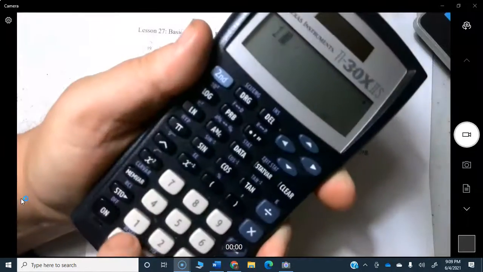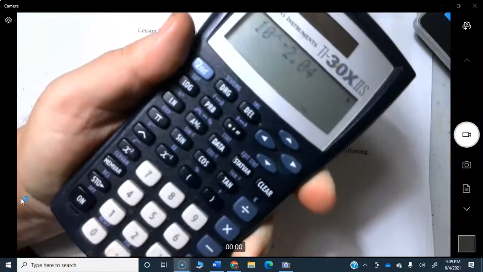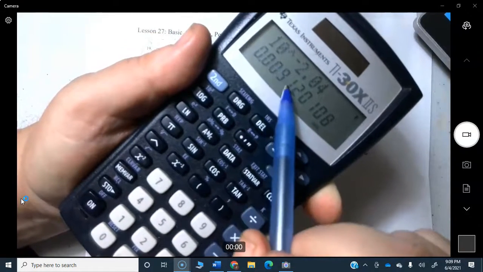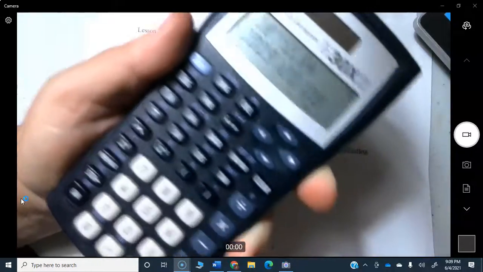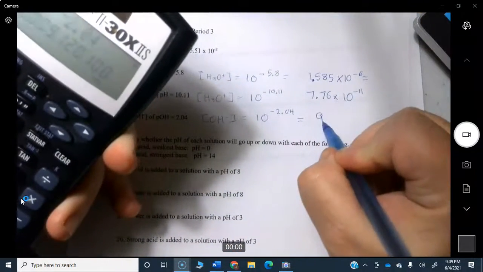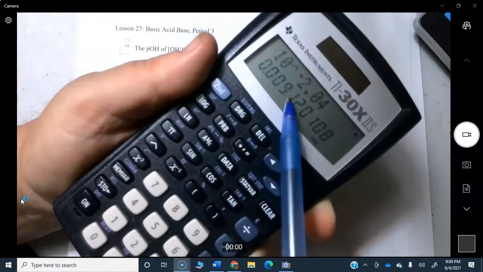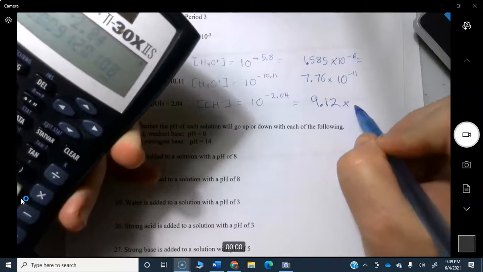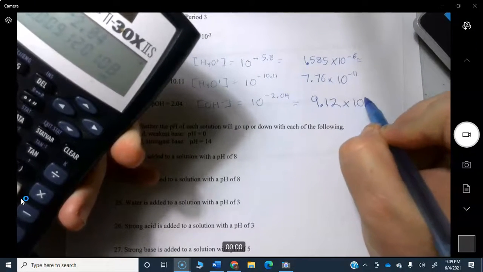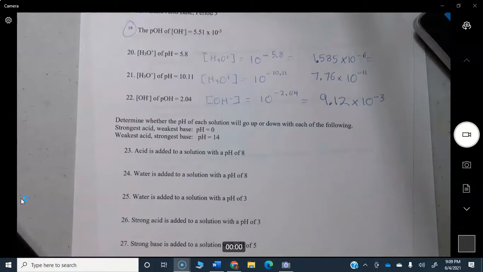That gives you 0.009, so we'll call that 9.12, because you've got to put the decimal after the 9 to make it a number between 1 and 10. 9.12, and how many places did you have to move the decimal to get it there? 1, 2, 3. 3 positions, and again, it's a number between 0 and 1, or less than 1, so it's going to be a negative 3. Okay, so there you go with that.